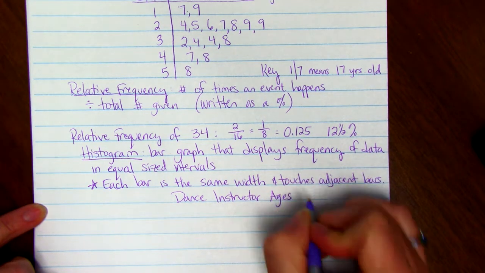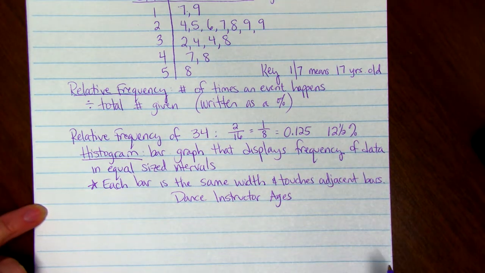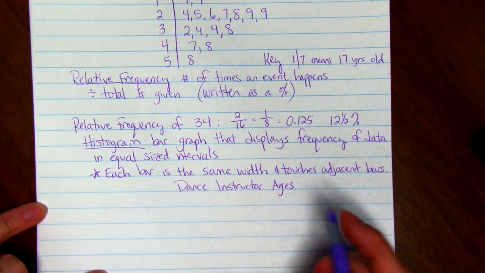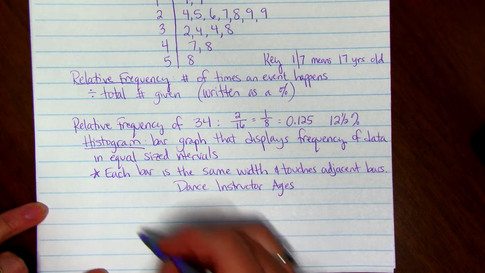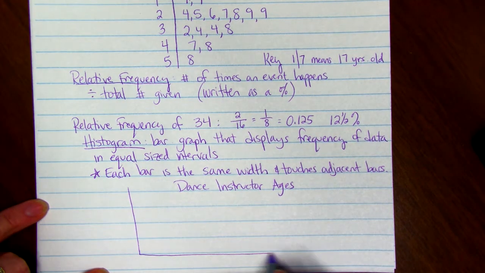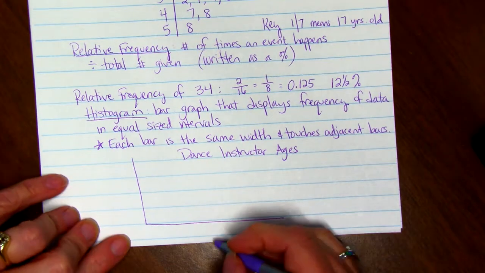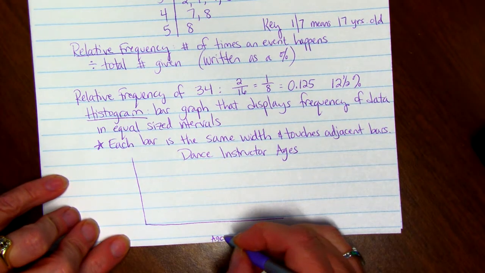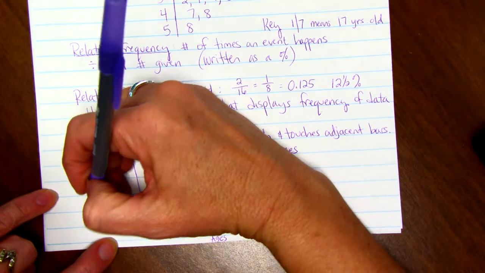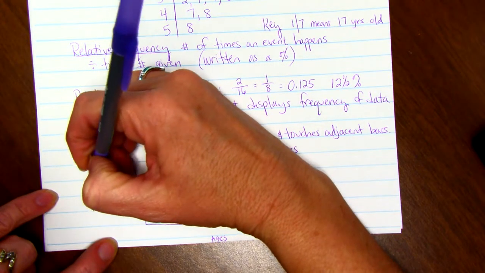This is our title. We're going to put our ages down at the bottom. I don't have a lot of room here, so let me see if we can just go like this. There we go. So you have the title, each of your axes, and then we're going to put along the y-axis number of instructors.